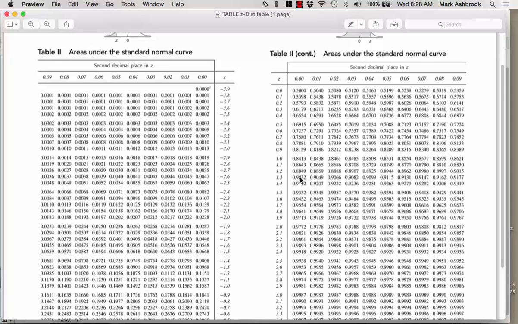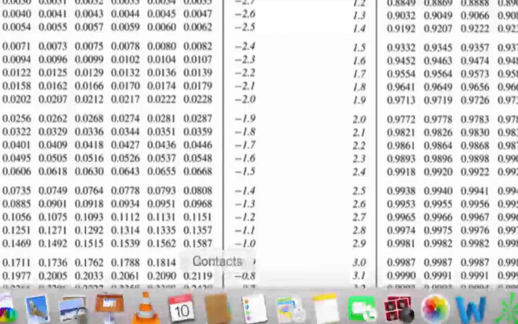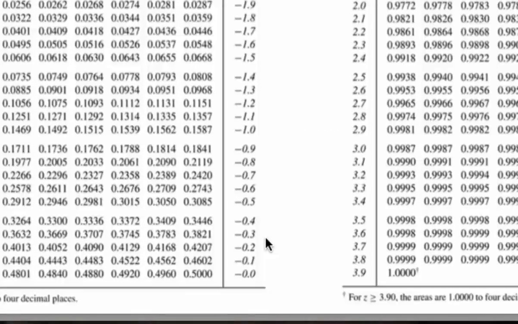Z-scores. Negative what? Negative 0.12. Oh, these are in totally different spots on the table. So we'll do that first. We'll do the z-score for 50 first, okay? Negative 0.12.